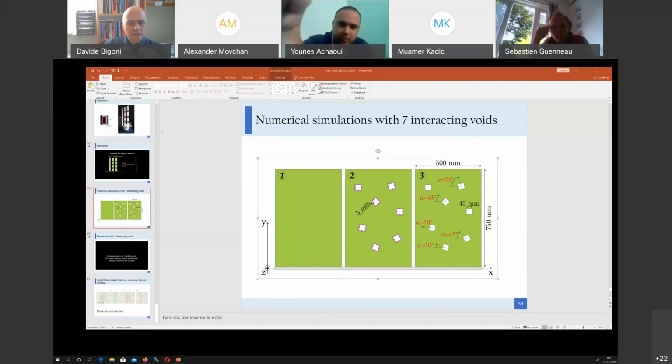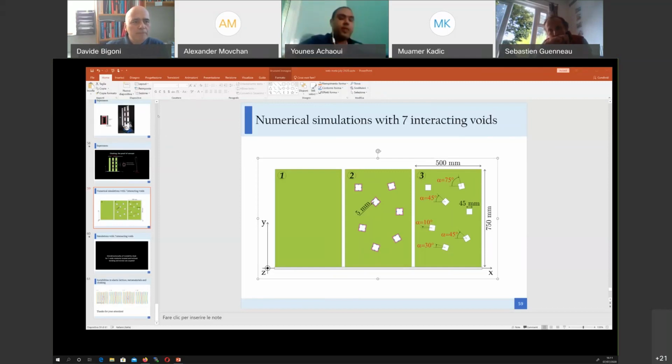So we don't have strange effects. Of course, the stress tensor is not symmetric, but this is not because of a Cosserat effect. This is because the first Piola-Kirchhoff stress tensor is unsymmetric. So it's not the same thing.